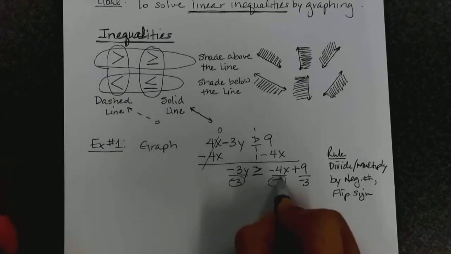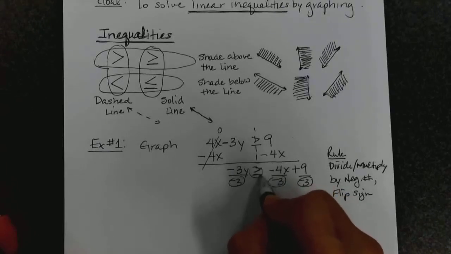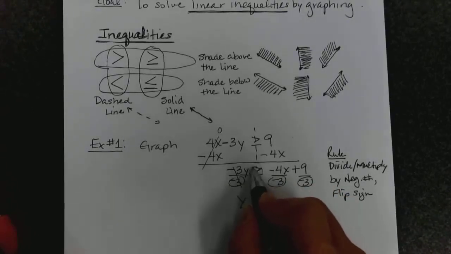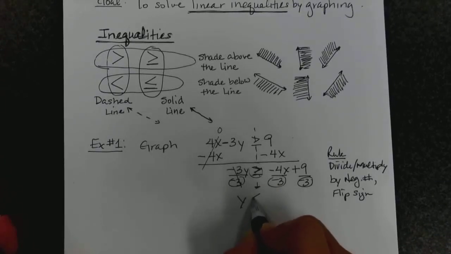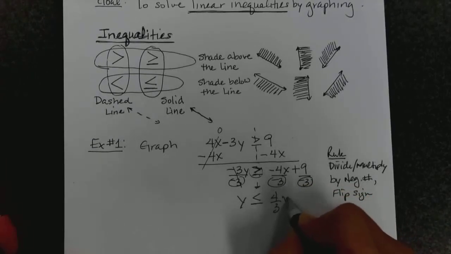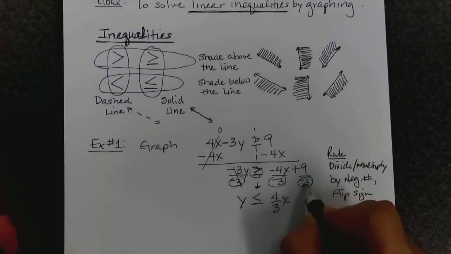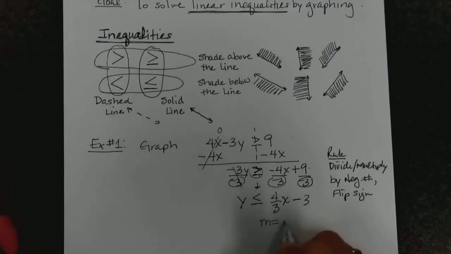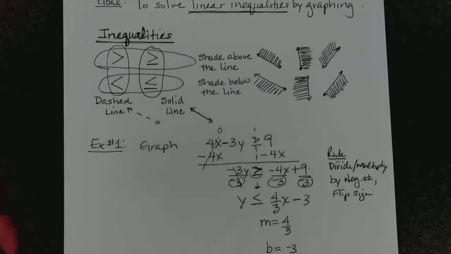So when I divide by a negative number, we have to flip this. When you divide, I get y, and now it becomes less than or equal to. Negative divided by negative becomes positive, so I get 4 over 3x, and positive divided by negative makes it a minus. 9 divided by 3 is 3. Now it's in slope-intercept form where the slope is 4 over 3 and my y-intercept is negative 3.